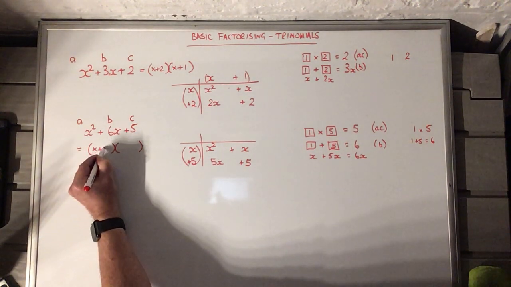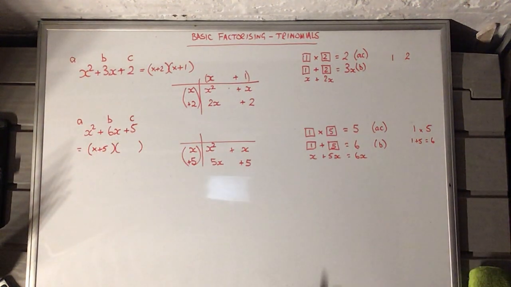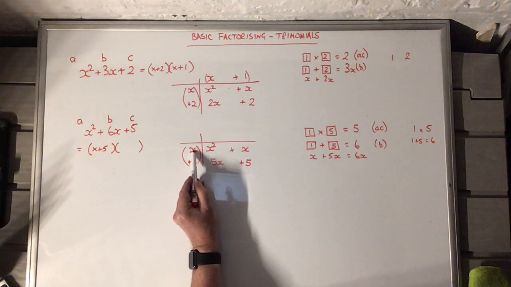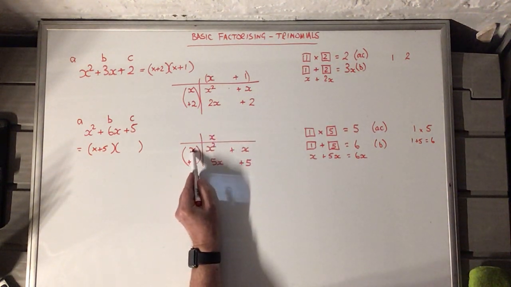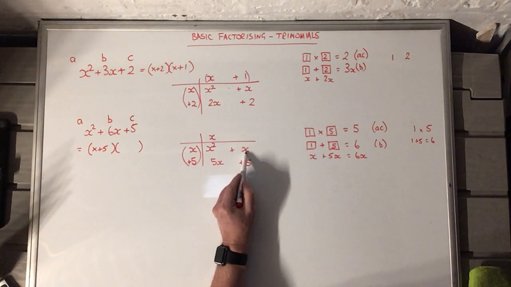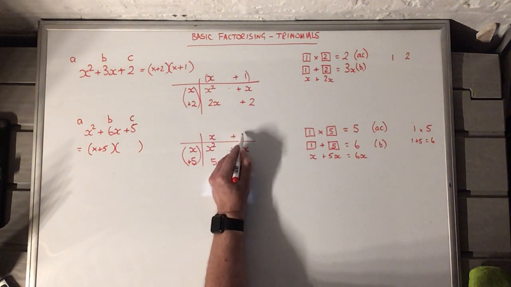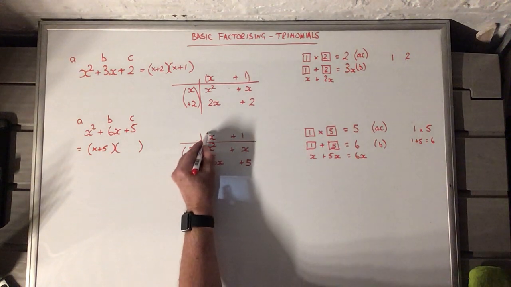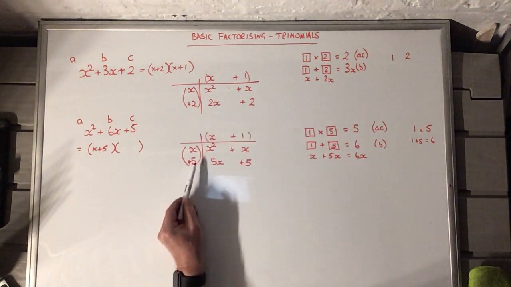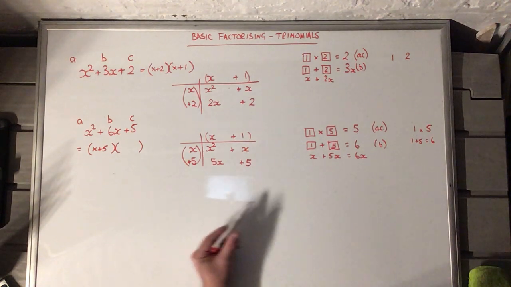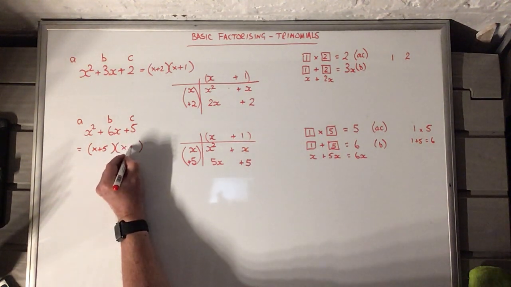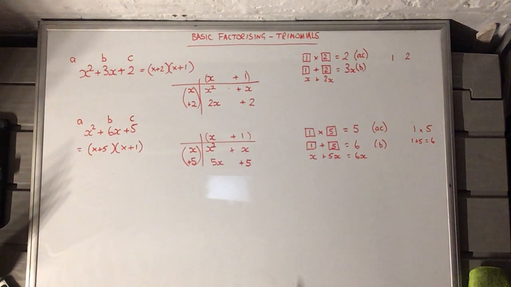When I need that times something gives me x squared, well that's going to be x, and that times something gives me x here, so that's going to be plus 1. So that's my second bracket. We check, 5 times that gives me that, 5 times 1 gives me 5, yep, it definitely works. So x plus 1.